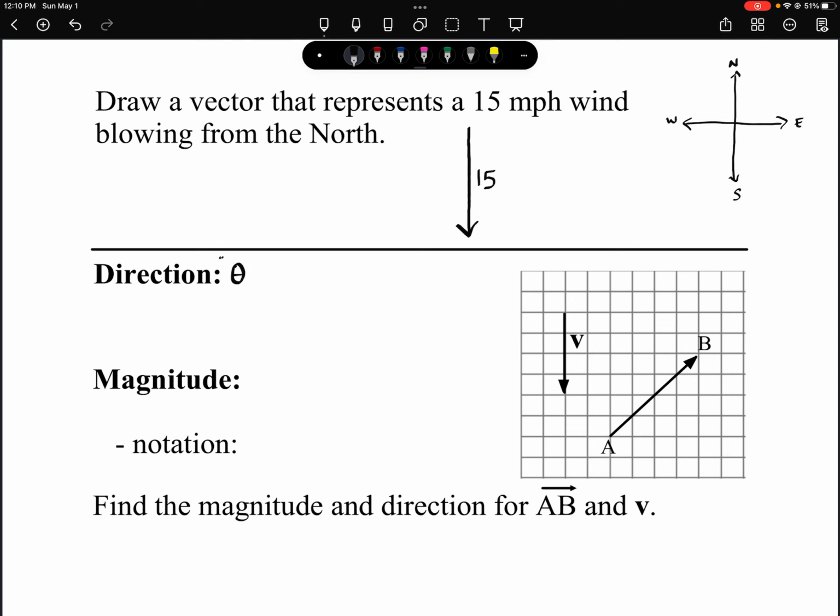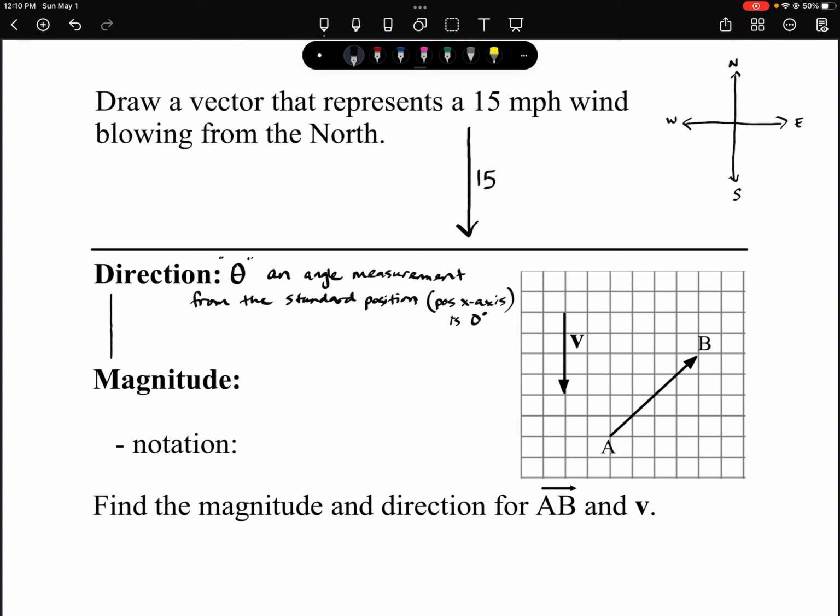Usually we'll use something like theta, but we have an angle measurement from the standard position. And if you don't remember what I'm talking about, standard position is where our positive x-axis is 0, just like you would measure if you're using the unit circle.